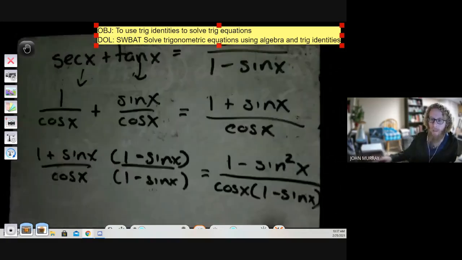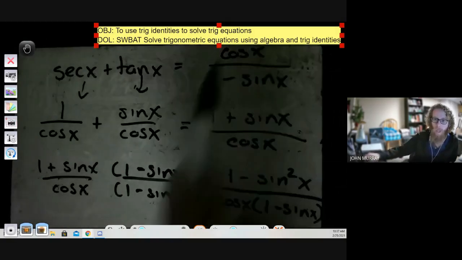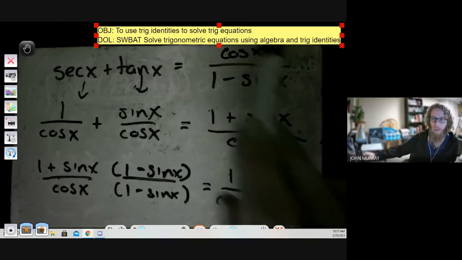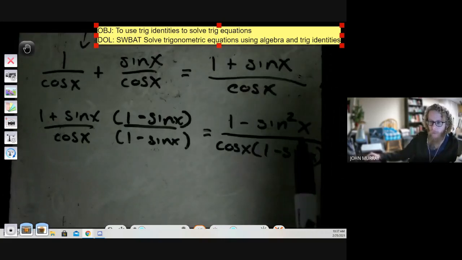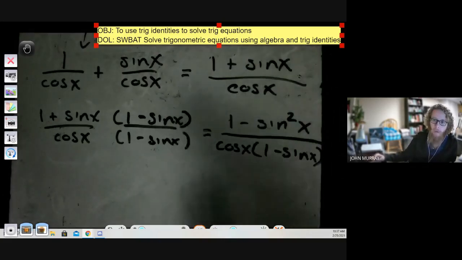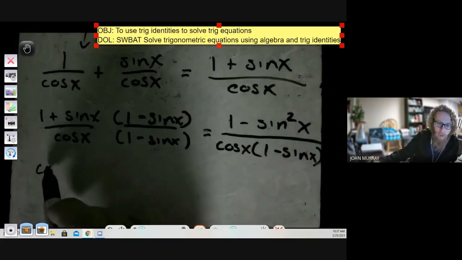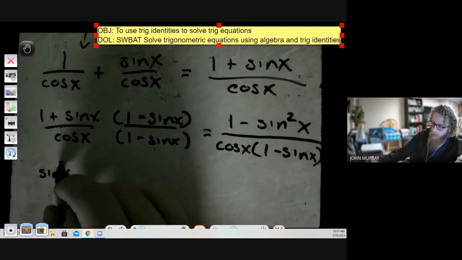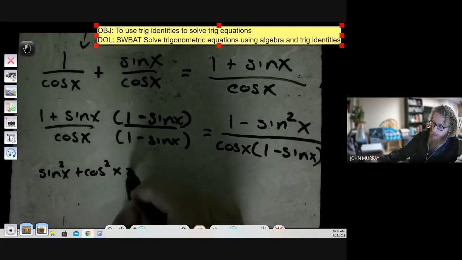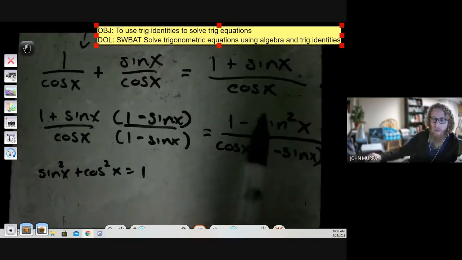Well, okay, so we're getting close. I have the 1 minus sine x, but I got some extra things in the denominator, and that's not what I want there. But here I have a sine squared and a 1, right? That's a good sign. My Pythagorean identity says that sine squared plus cosine squared equals 1.